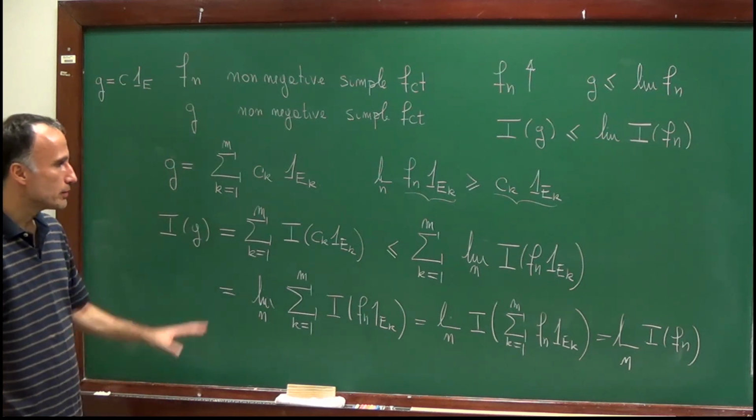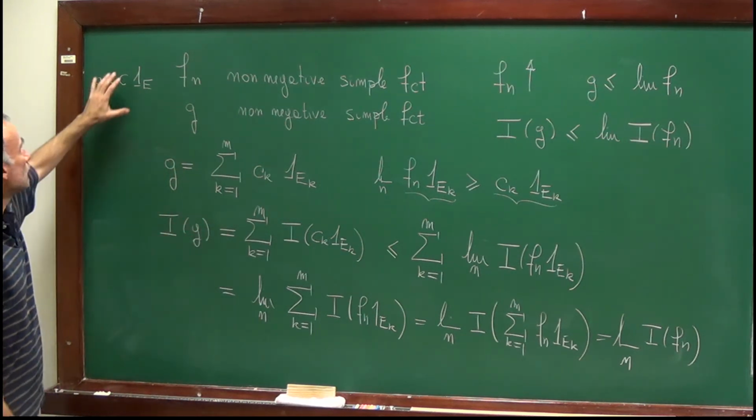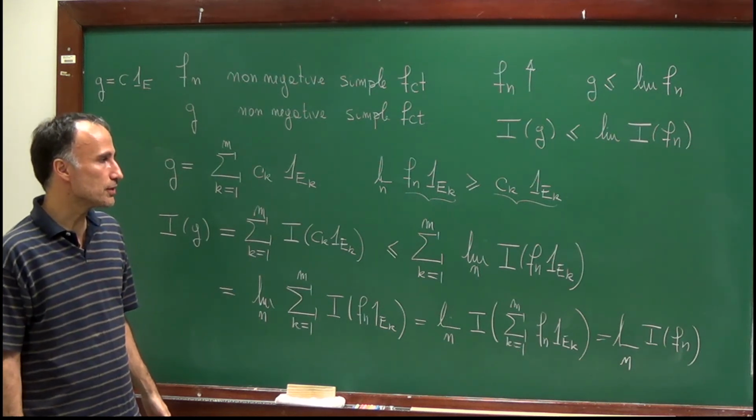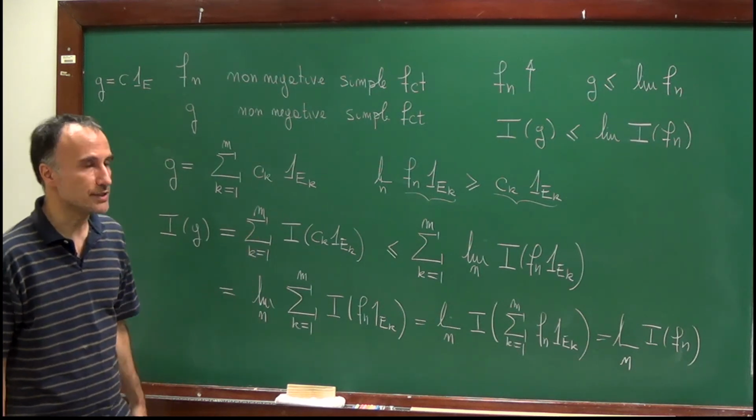So we've seen that we used here linearity, and in the first part of the proof we used the fact that mu is continuous from below to prove this result.